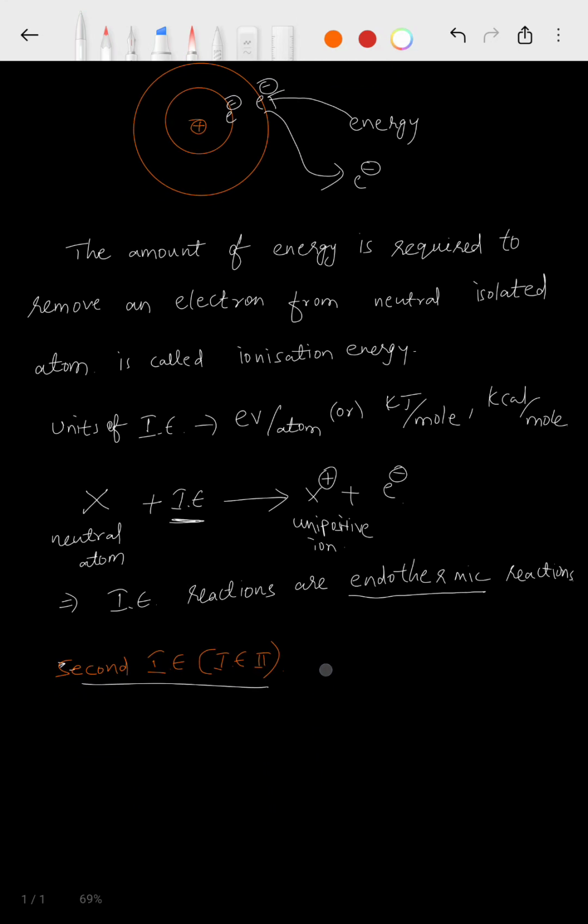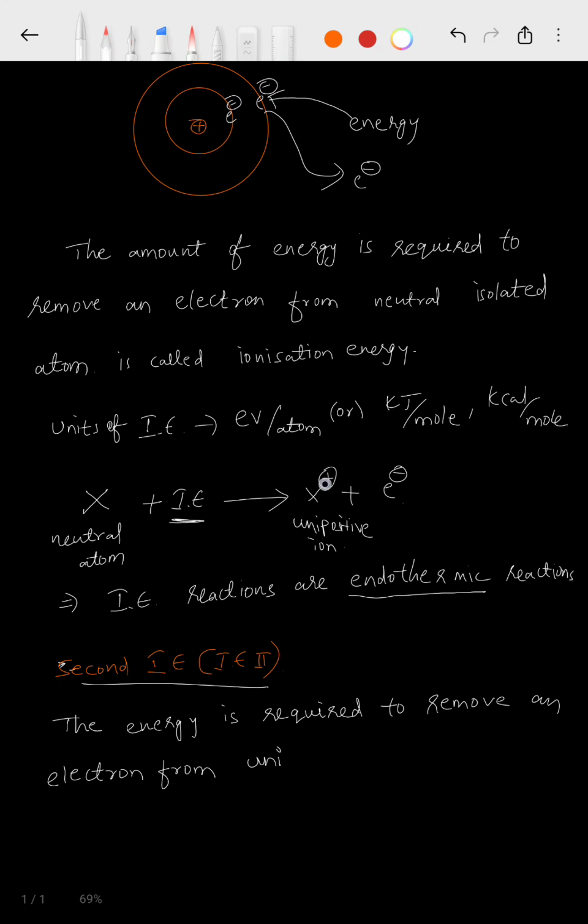Now what is meant by IE2? You have already removed one electron from the outermost shell. Then the energy required to remove an electron from the unipositive ion.